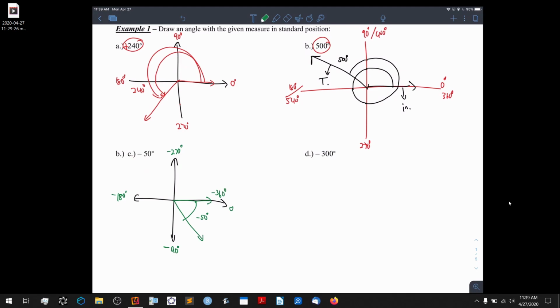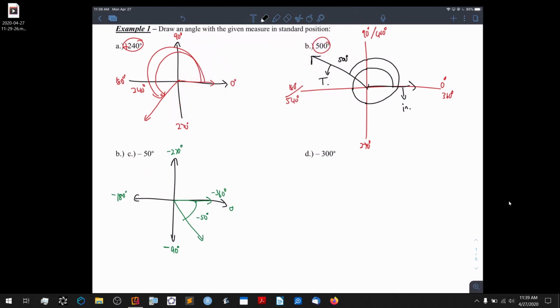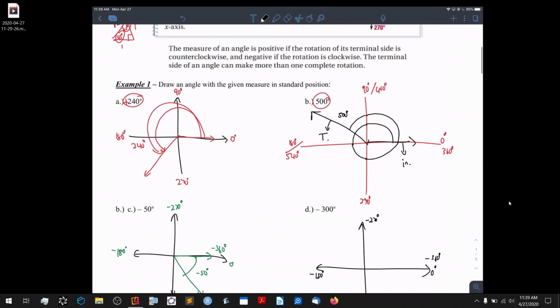All right, and then negative 300 degrees. Again, very similar idea. So draw your coordinate plane, and then start here. This is 0 degrees, negative 90 degrees, negative 180, negative 270, and negative 360. I know that I don't have to go all the way to negative 360.